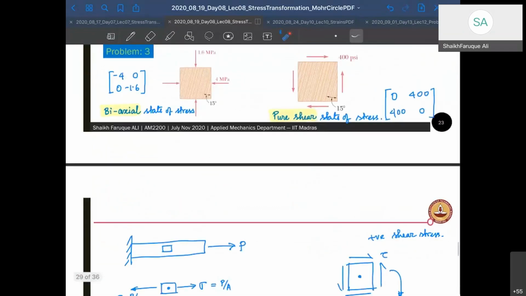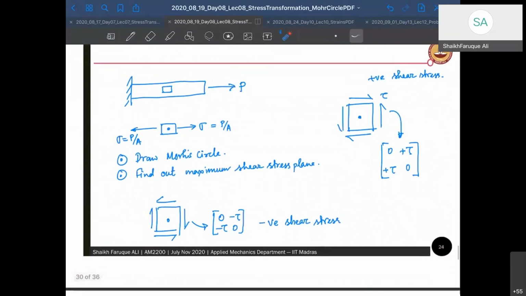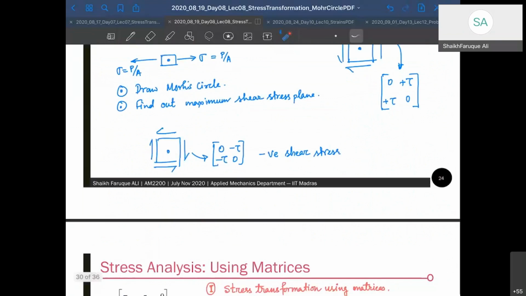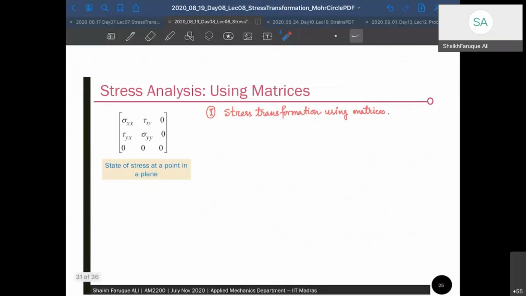All right, so yeah, this is what we discussed just now. Negative shear is this. Yeah, so that I have already discussed.